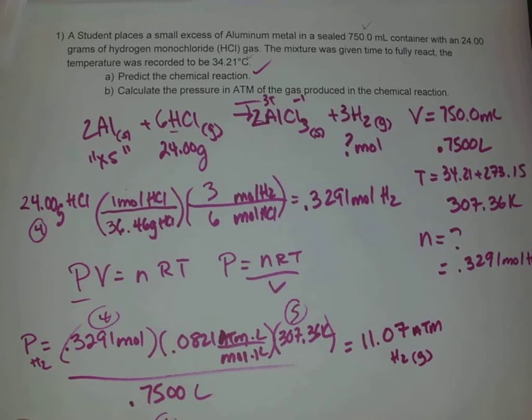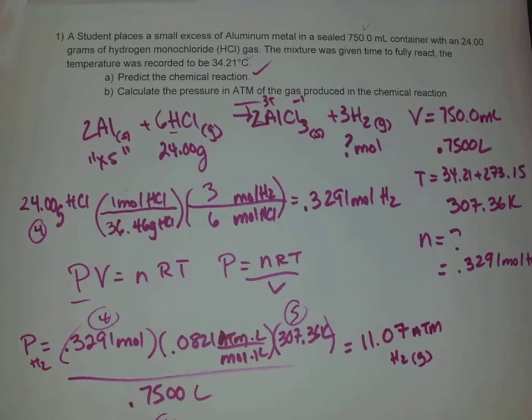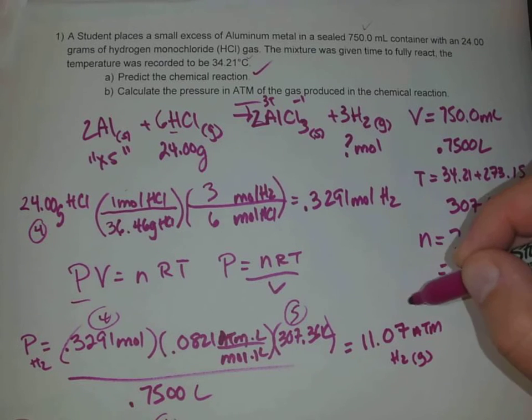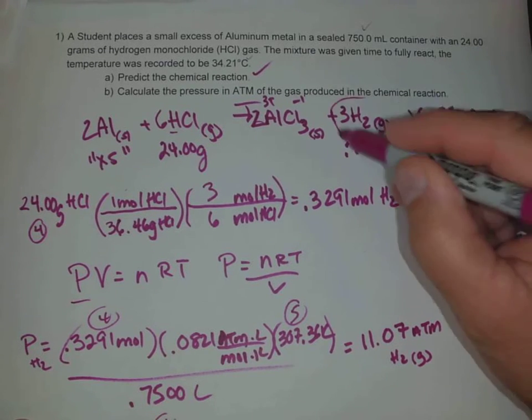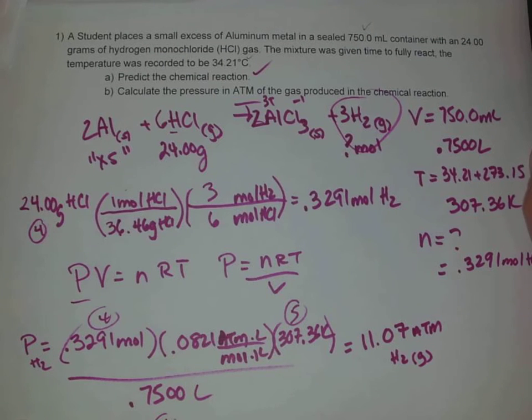All right, so again, a pretty involved problem. Again, predicting the reaction, finding moles using these sets of conditions, applying the ideal gas law, and then again, we want to find the pressure of this hydrogen diatomic gas.